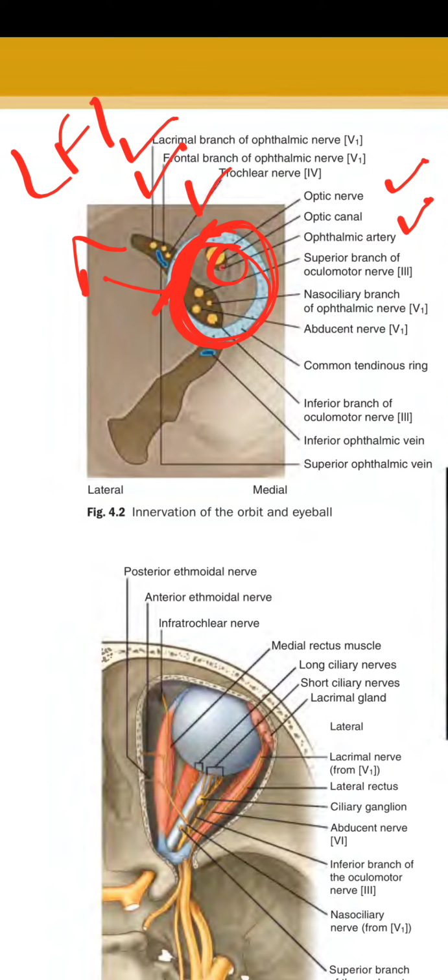Below it lie the third nerve, superior branch, the nasociliary branch of the ophthalmic nerve, and the abducens nerve. And in the inferior orbital fissure, there will be the inferior ophthalmic vein.